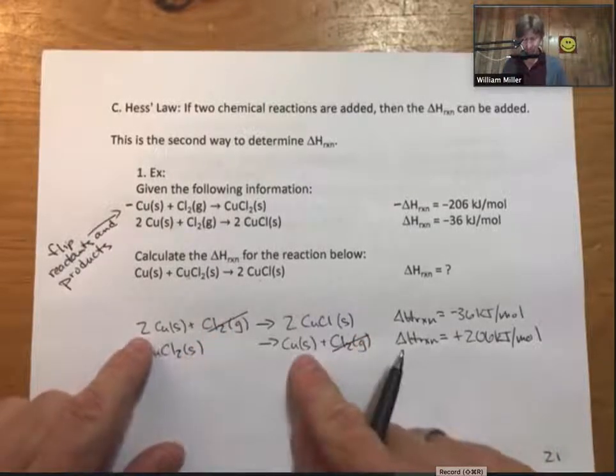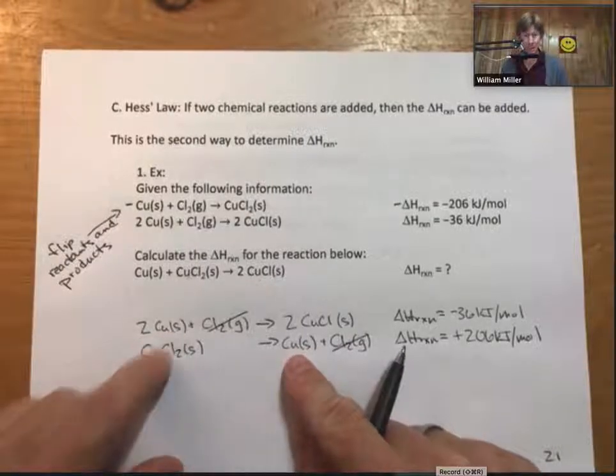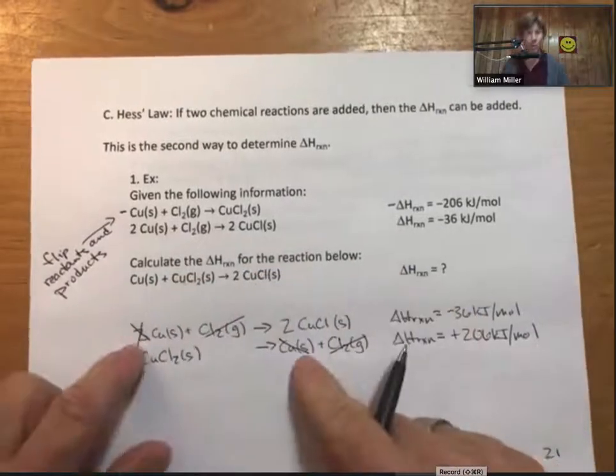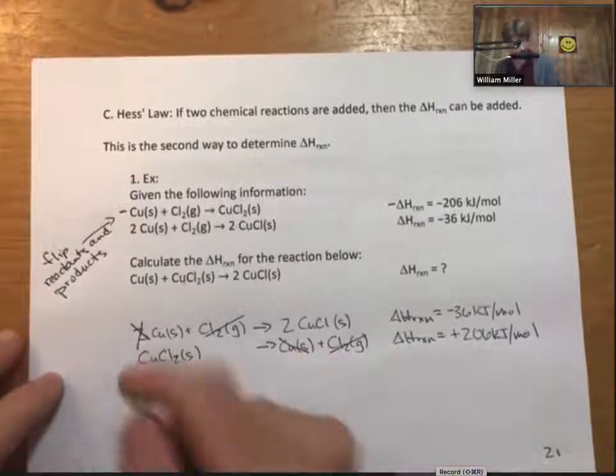I can see I have two copper solids on one side and one copper solid on the other. So I'm going to cancel one out from each side, again, like canceling their energies.